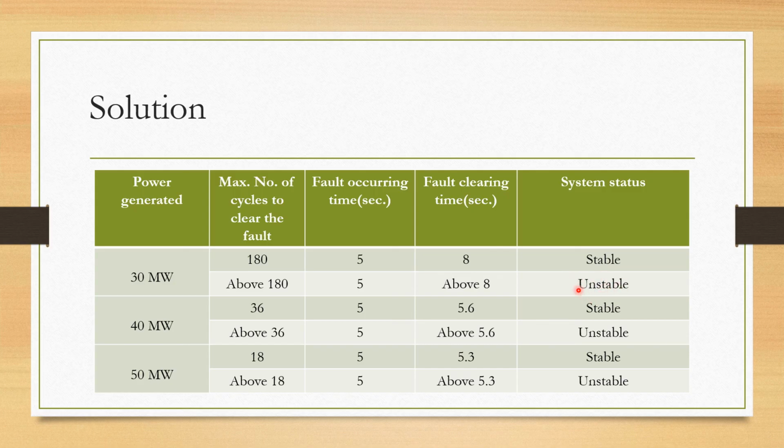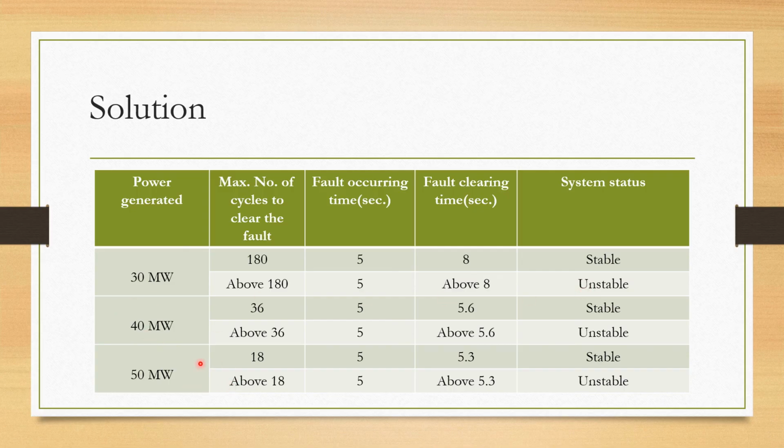So if we transmit a power of 30 megawatt and any fault occurs at bus 4, we should open that circuit breaker before 8 seconds. If we open after 8 seconds, the system becomes unstable. The similar thing is established for 40 megawatt and 50 megawatt.